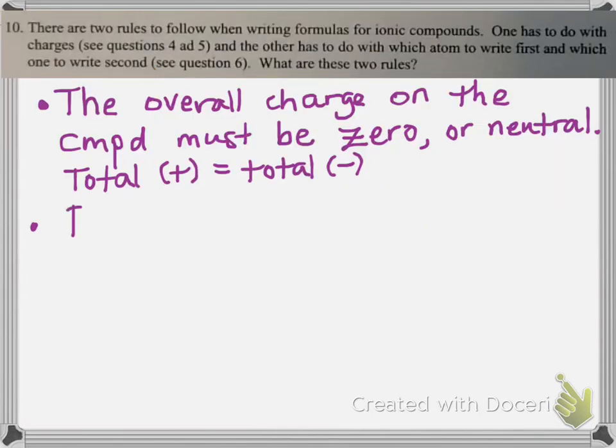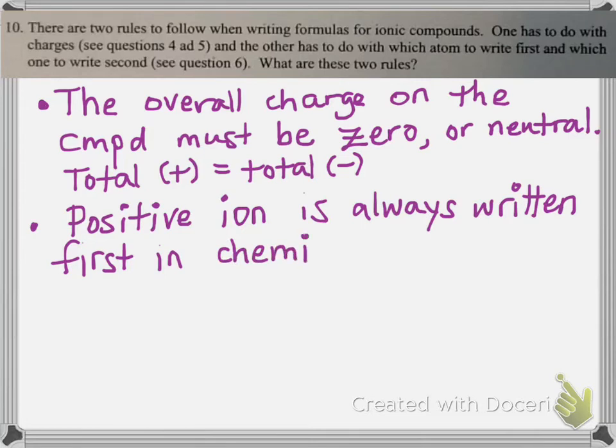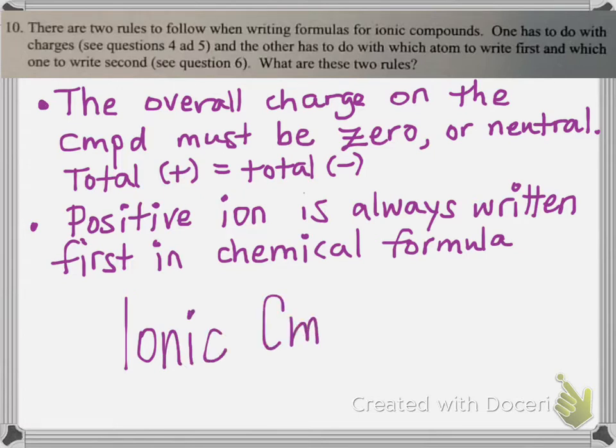The positive ion is always written first in our chemical formula. So these are our 2 rules that we have to follow. Overall, our charge has to be 0, and we always write the positive ion first for ionic compounds.